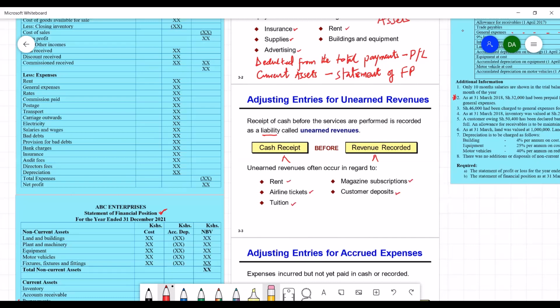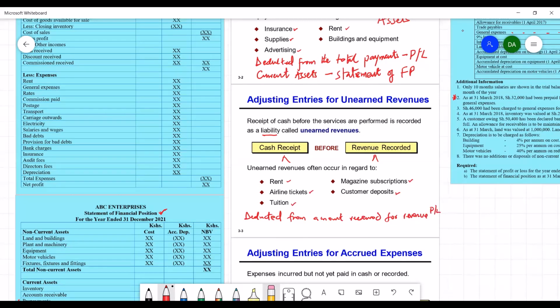In a situation where we have unearned revenue in the statement of profit or loss, deduct the unearned revenue from the amount received for revenue. That is in the statement of profit or loss.